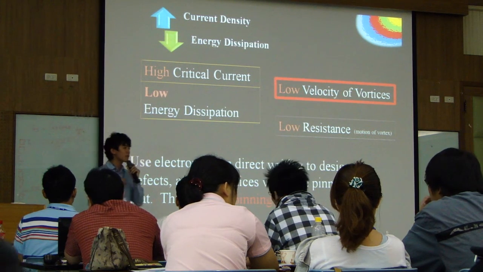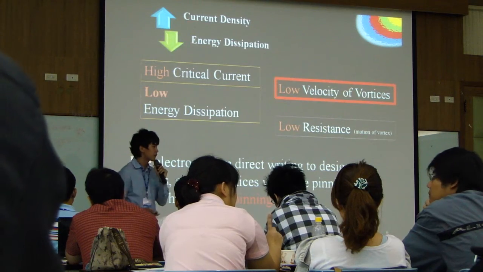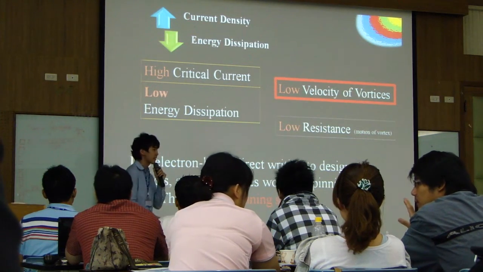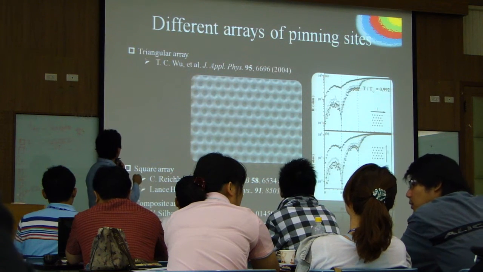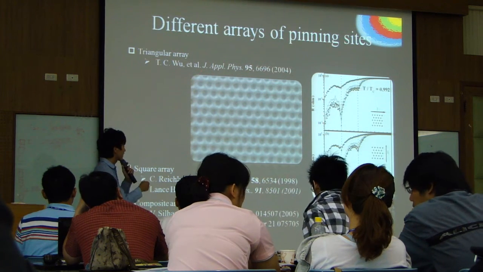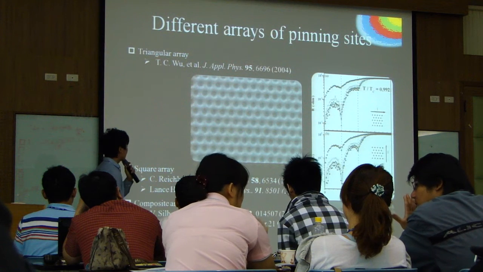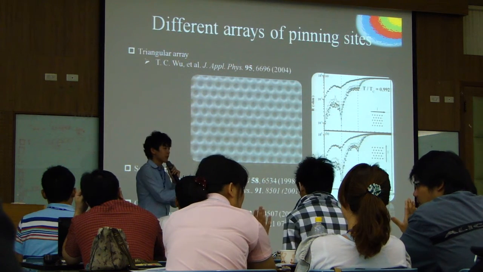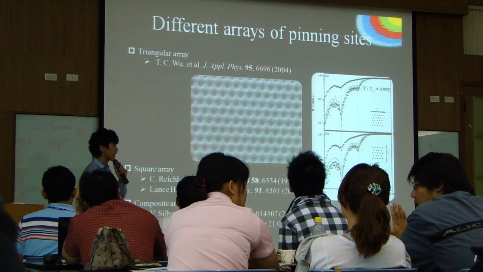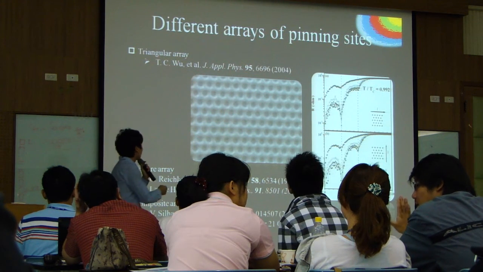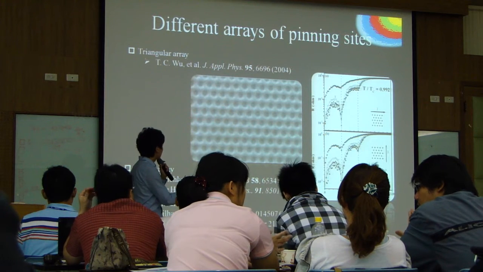Then we will go through some paper reviews about different pinning sites. There are many different pinning sites, like a triangular array and a square array. We can see from this image, this is a triangular array on a superconductor film.